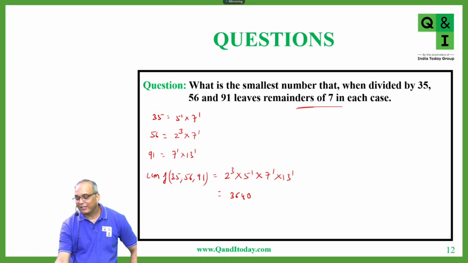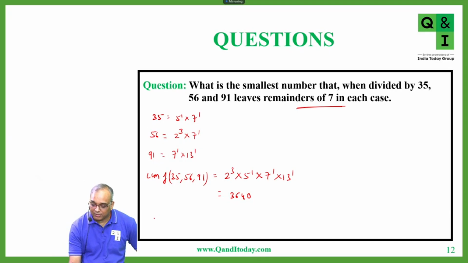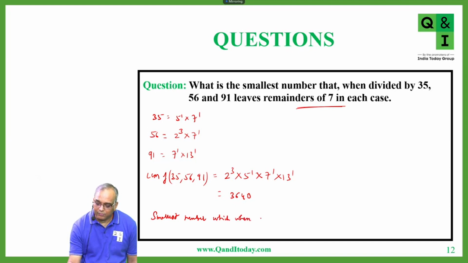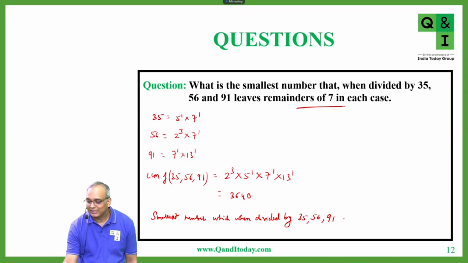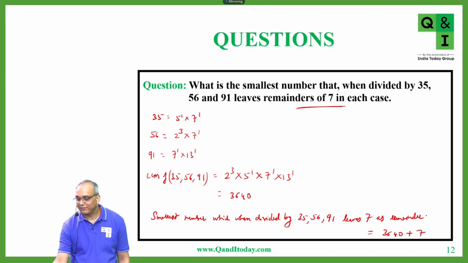Now we have to find a number which has a remainder of 7, right? So the smallest number which when divided by 35, 56, 91 leaves 7 as remainder will be equal to the LCM 3640 plus 7.